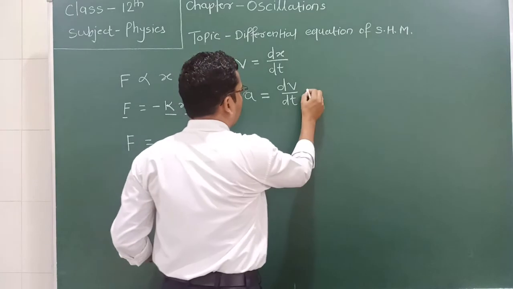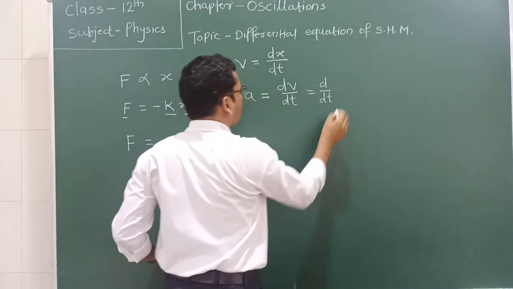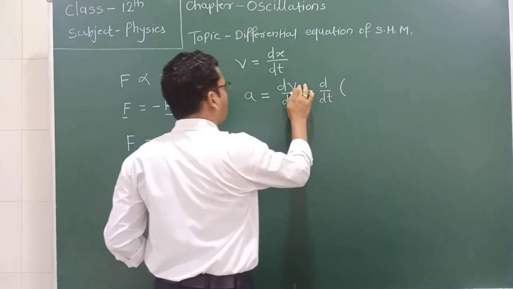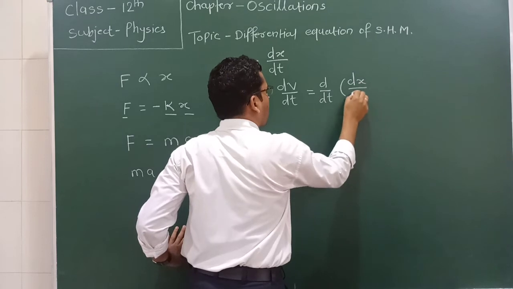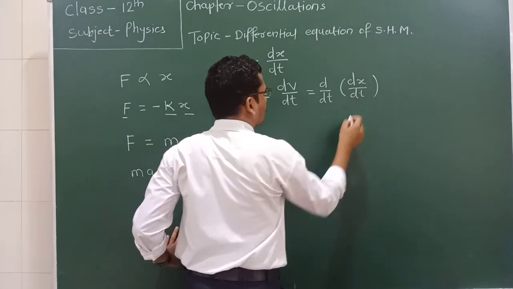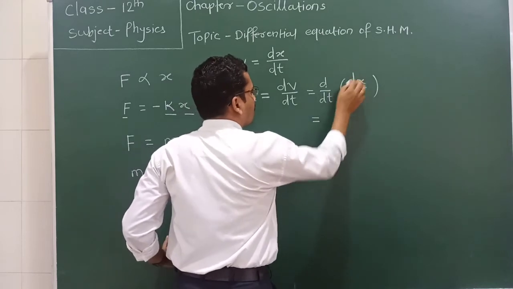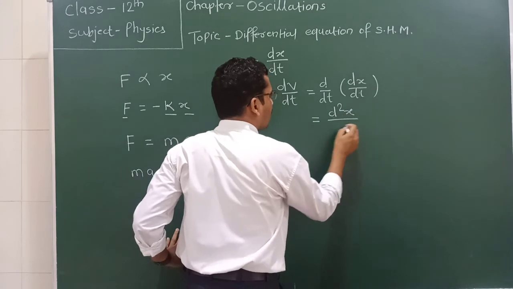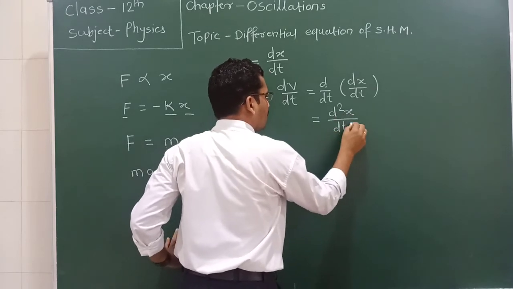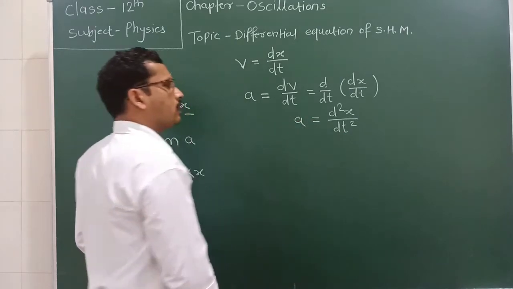So here we can write d/dt of v. What is v? v is dx by dt. So here we can write d2x by dt square. This is nothing but the acceleration.